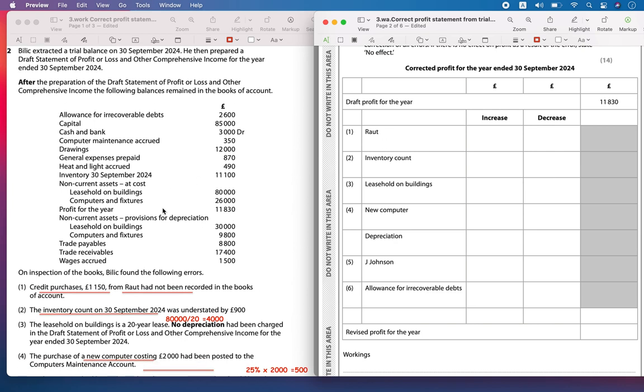Here the first one we saw was the credit purchases, so an increase in purchases would have happened.